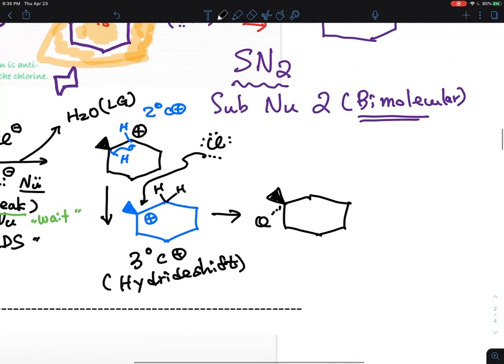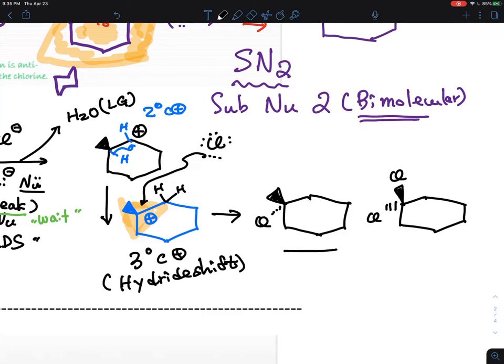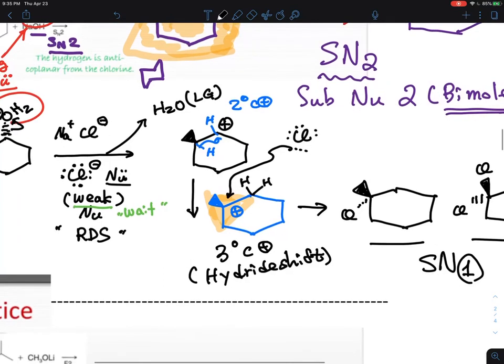To tell you the truth, the nature of a carbocation is planar, so this is going to be planar here. Therefore the methyl is in plane with the ring, so you either have chlorine up, or this one is down. This is the nature of SN1, which is unimolecular, because it takes energy.